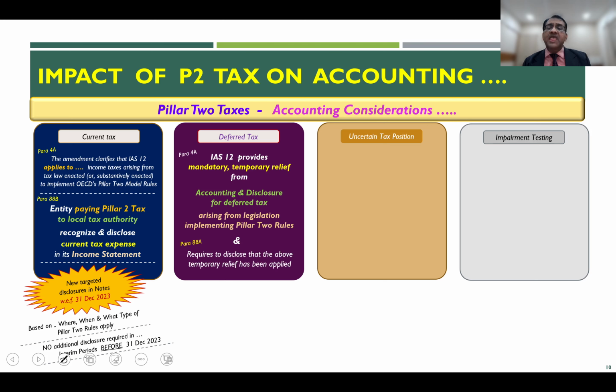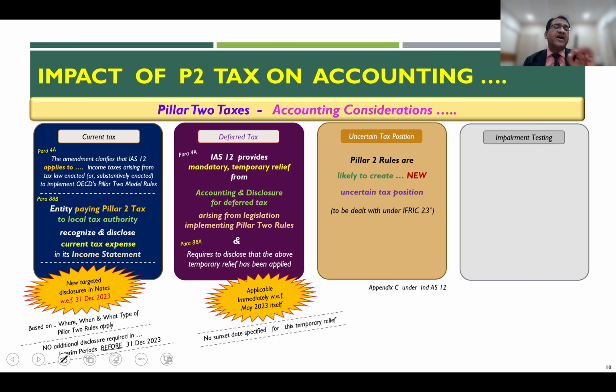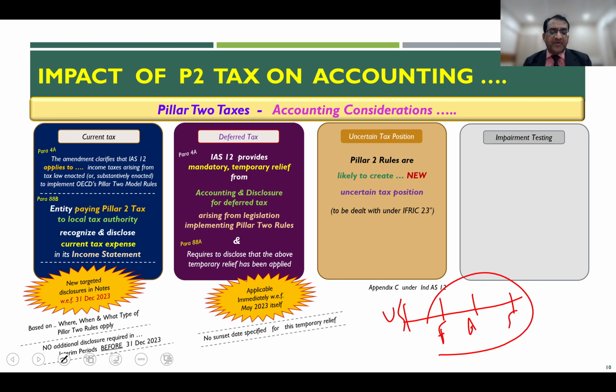Now, you can imagine that this may create a lot of uncertain tax positions. In the example which we saw, you have a US parent or ultimate parent entity which has operations in France, Australia, and Singapore. Here we presume that only the IIR has been implemented. Now, assume for the sake of argument that the Pillar 2 rules have been implemented here also.